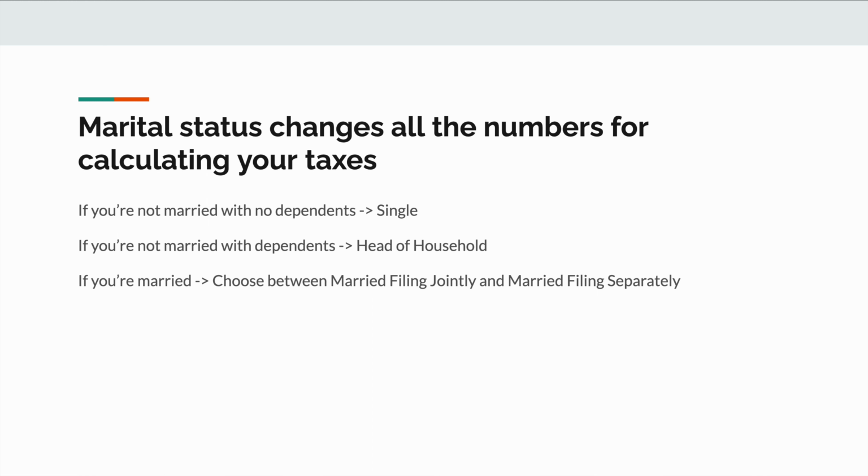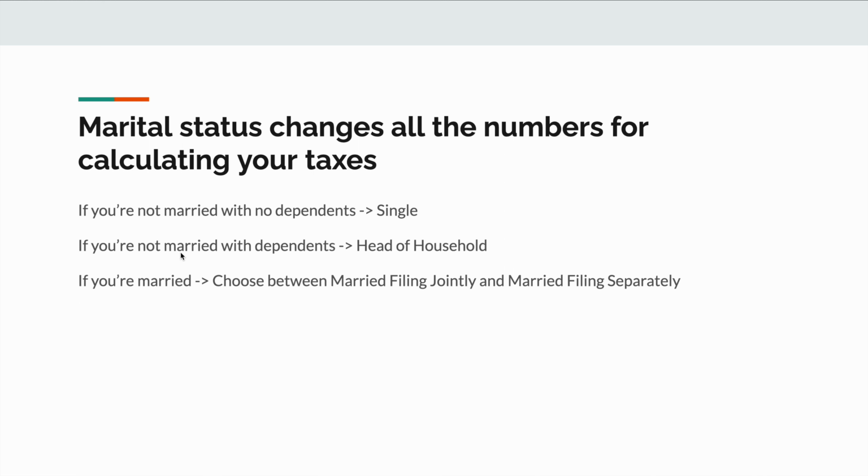So the thresholds for how much you pay and what the marginal rates are will change based on if you're married, if you have dependents, and also how you're choosing to file. If you're not married and you have no dependents, then you're just single.